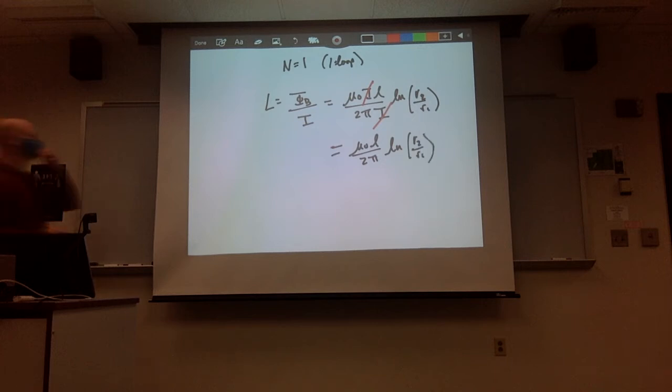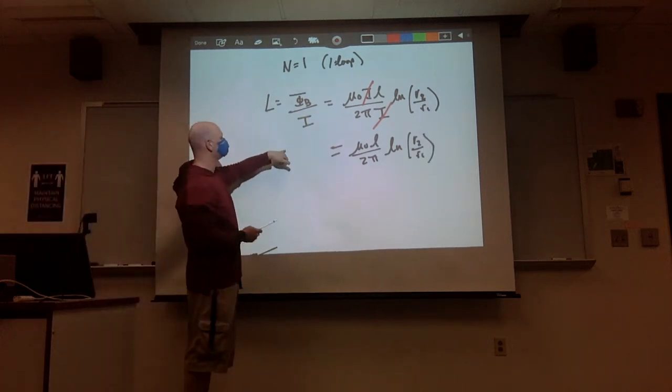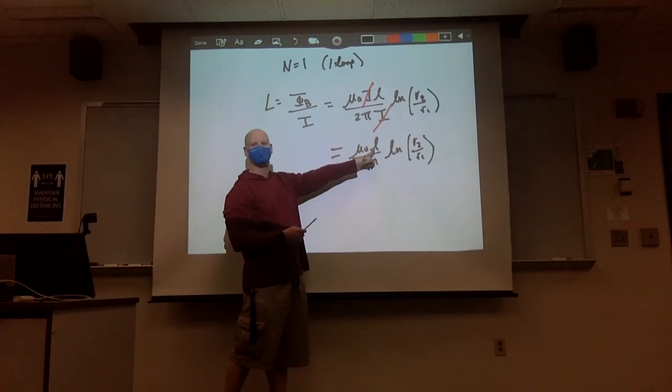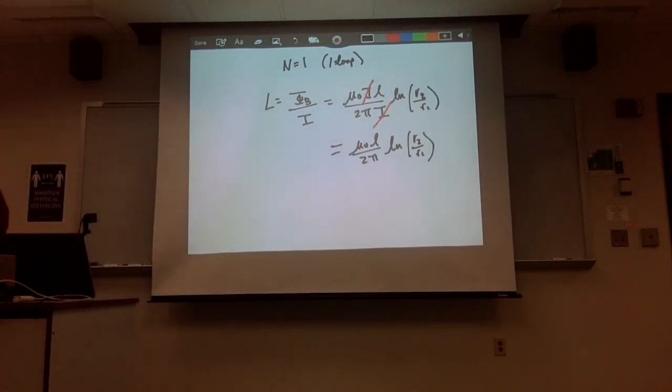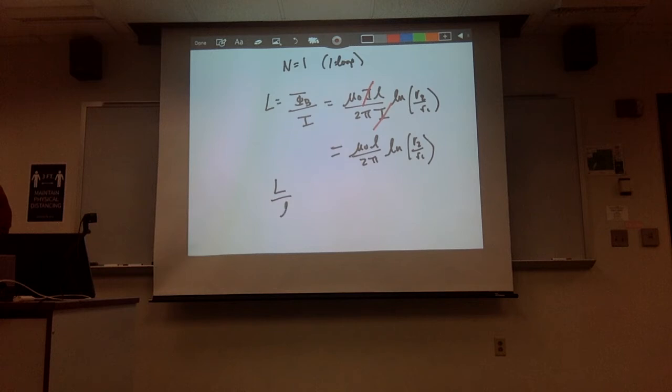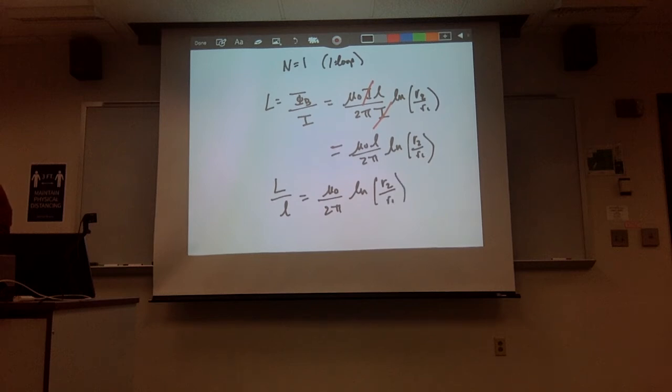Now in our case, what we want though is the inductance per unit length, which means all I'm going to do is divide both sides by the length. So finally, my answer is that the inductance per unit length is equal to mu naught divided by 2 pi, natural log R2 divided by R1. This is my self-inductance.